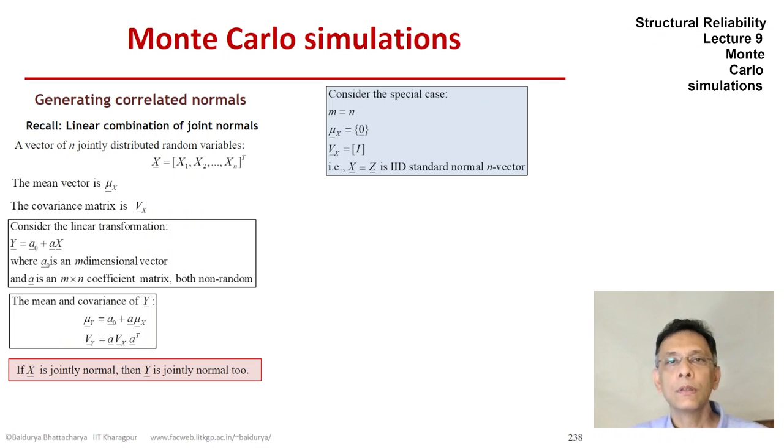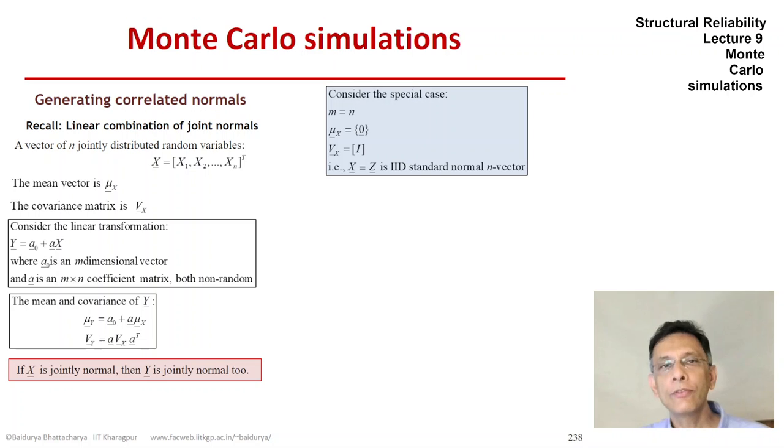Now under the special case where m is equal to n, so A is a square matrix, then y is also an n-dimensional joint normal.